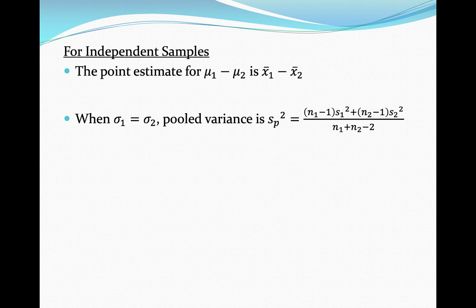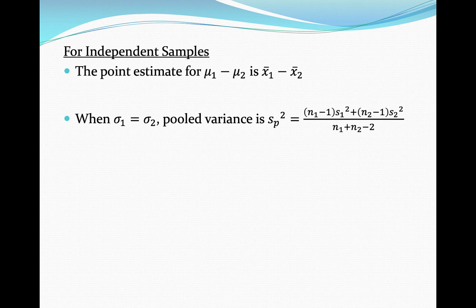The way we calculate this pooled variance is we basically weight it based on the degrees of freedom. The degrees of freedom here is actually going to be the denominator that you see in the pooled variance, which is n1 plus n2 minus 2. So we're used to, with degrees of freedom, always subtracting 1, and that's because we've always dealt with one data set. But in independent samples, we actually have two different data sets to deal with, which is why you end up subtracting 2.